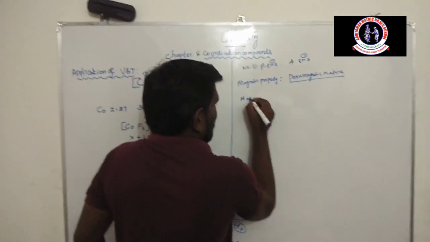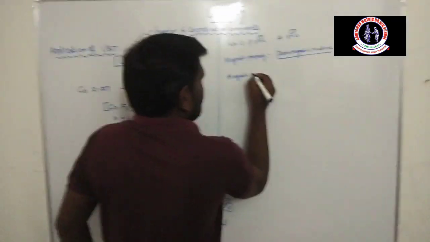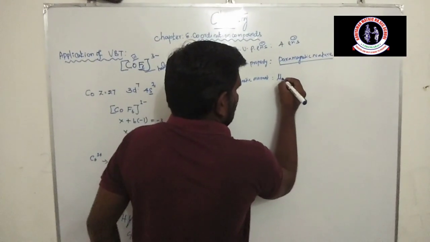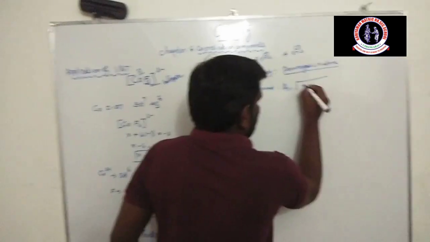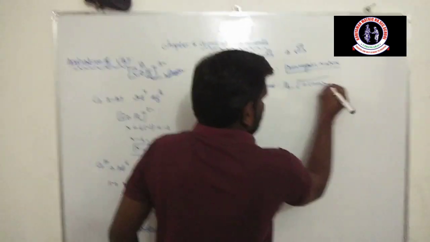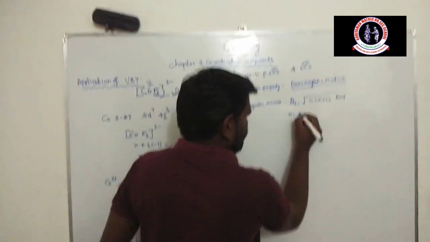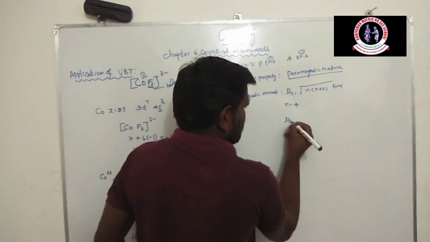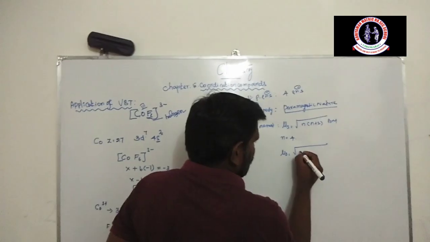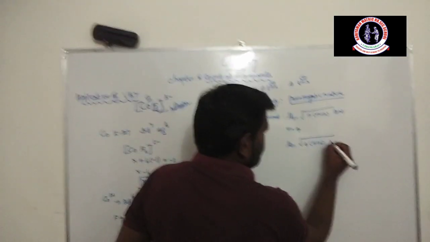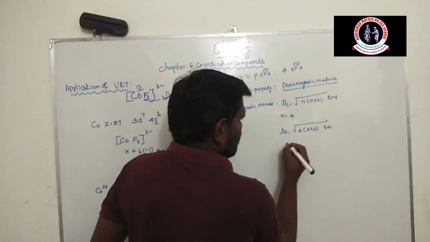Next one, magnetic moment. The formula: mu s is equal to square root of n into n plus 2 BM. Here n is equal to 4. Mu s is equal to square root of 4 into 4 plus 2 BM.